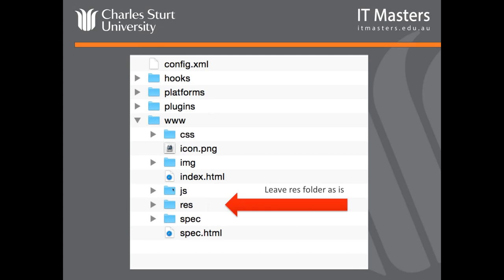So the structure that we create with our HTML website, which is being turned into an app, should have our HTML in this level here, straight under www, followed by CSS, image, and you can call it anything you like, but it's got to be referenced. We'll just keep to a standard and call it JS as well. But res is referenced within the config file, so we need to leave that one there.